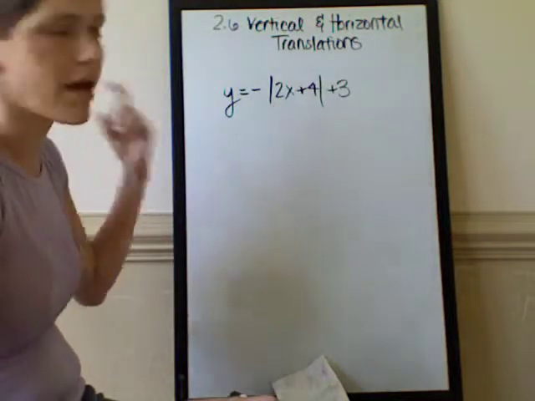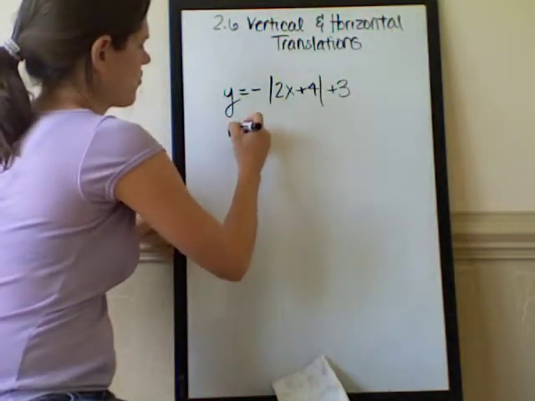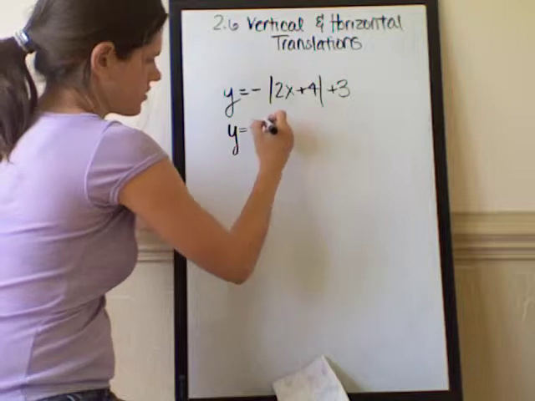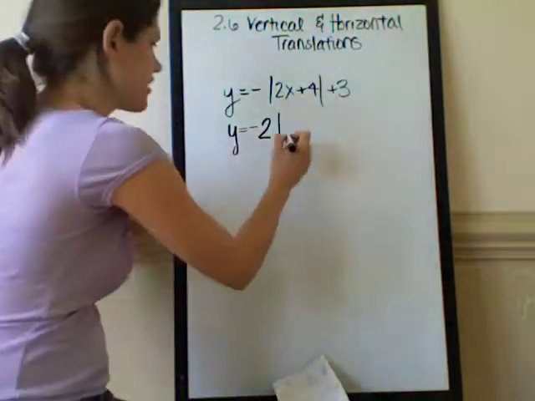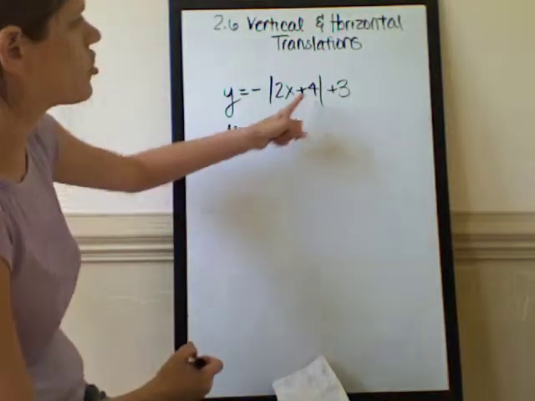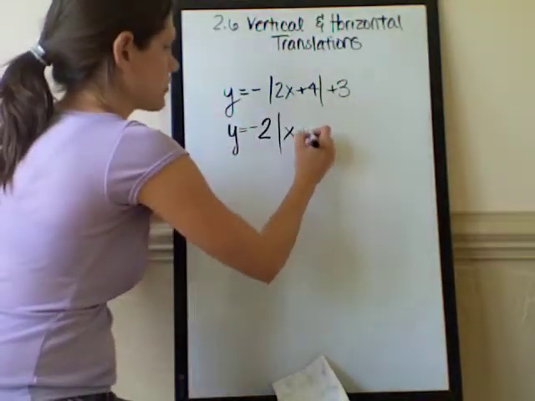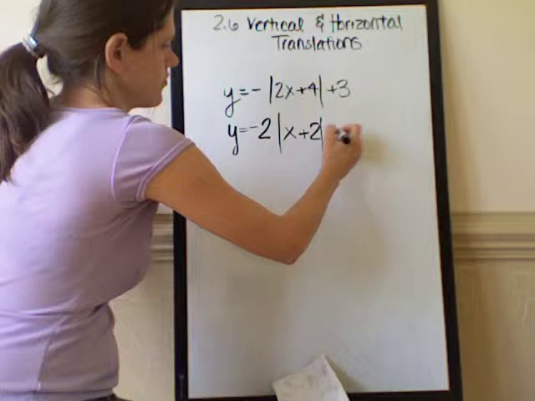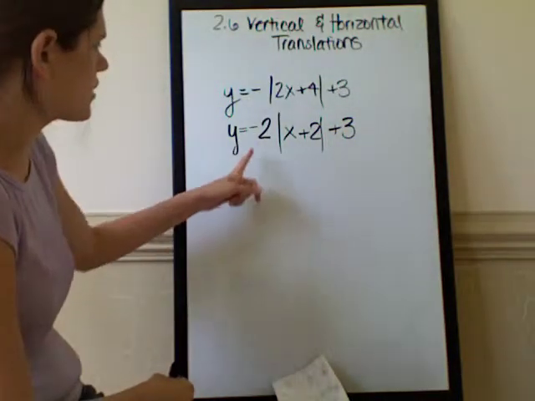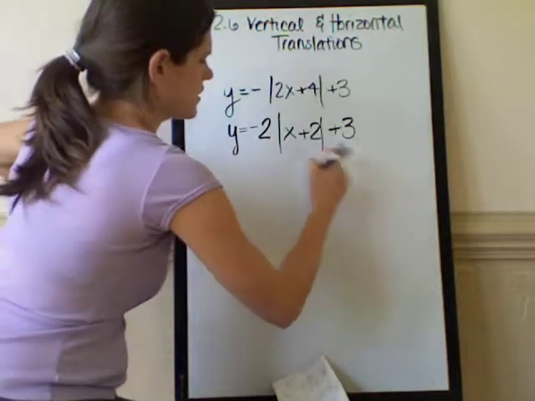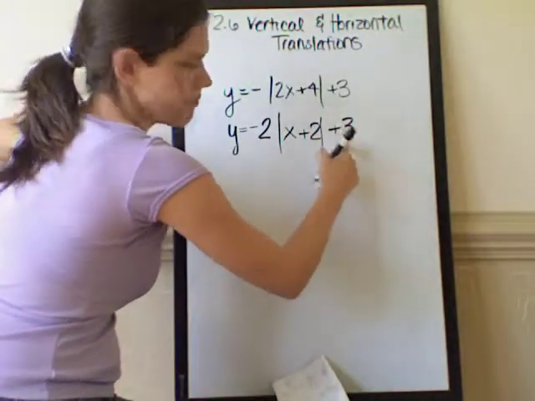So I'm going to pull out that 2. Okay, so here's my 2. When I pull out a 2 from 2x, I get left with x. When I pull out a 2 from my positive 4, I get left with positive 2. Okay? Alright, so I've got my vertex, negative 2, positive 3.